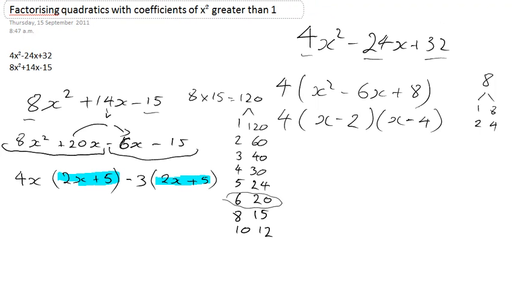If they're not, you've probably gone wrong somewhere, because the last step is I take that bracket, 2x plus 5, outside, and what's left is 4x minus 3. And I have factorised that quadratic. A little bit of work, but it's doable. Okay? Cool.